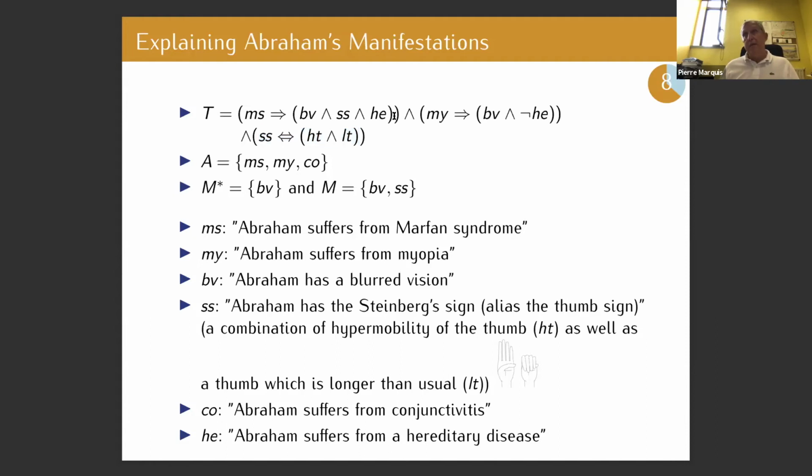Then come the consequences over the set of observations of Marfan syndrome, and something similar for the other disease considered here, myopia. Myopia can also explain the blurred vision, but it is not a hereditary disease. So here is the formal model corresponding to the previous scenario.